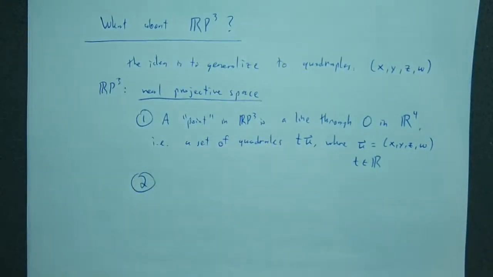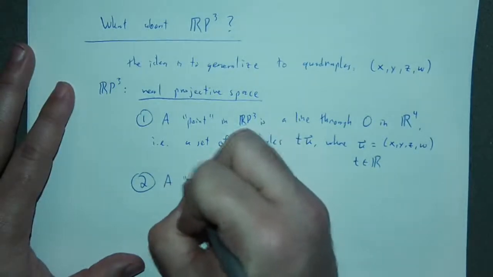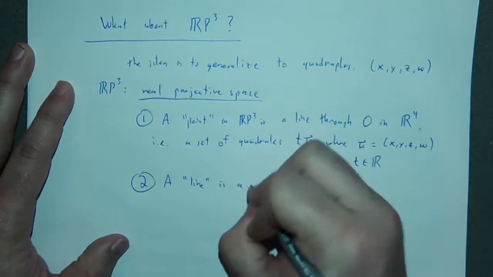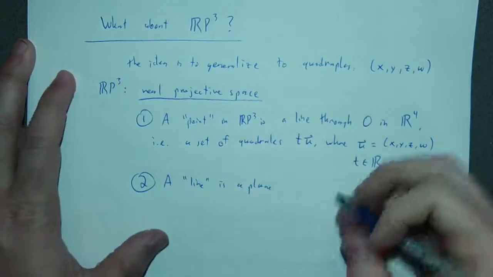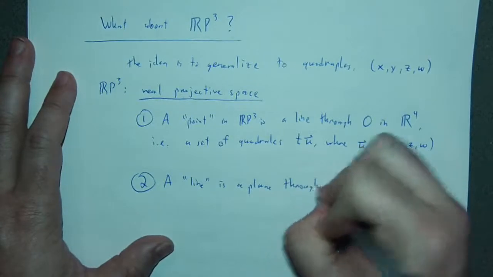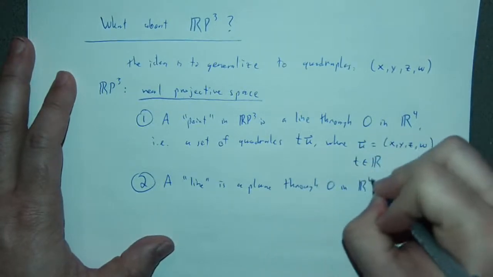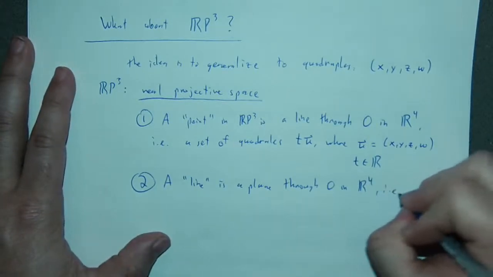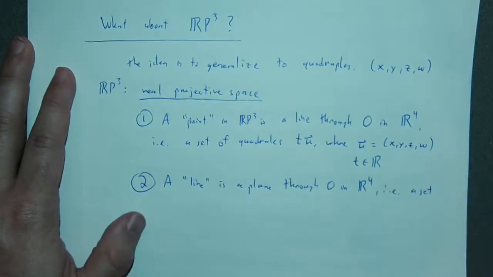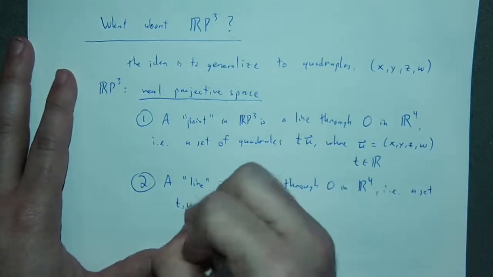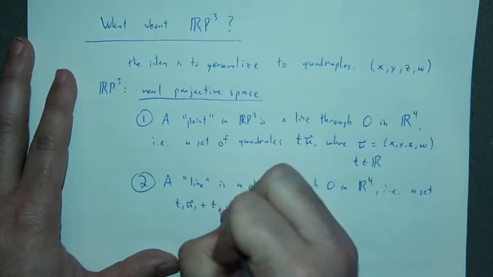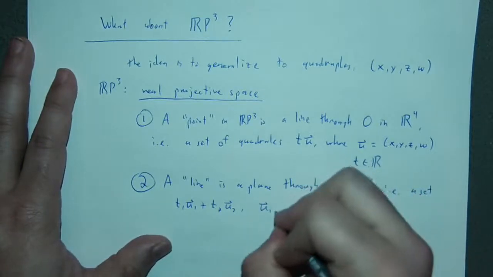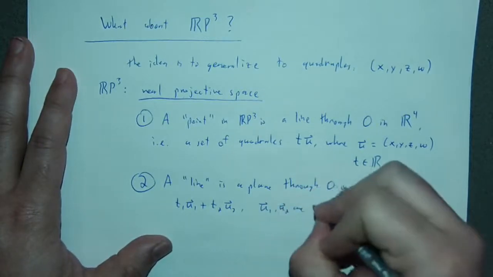So then what would a line be? A line is a plane through the origin, or sorry, through O in R4. That is, the set t1 u1 plus t2 u2, where u1 and u2 are linearly independent.